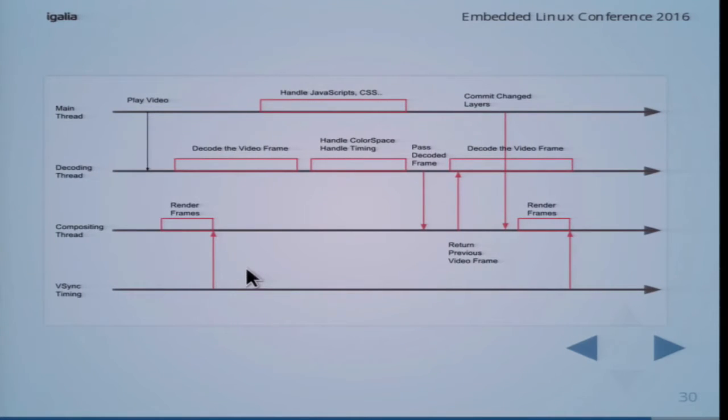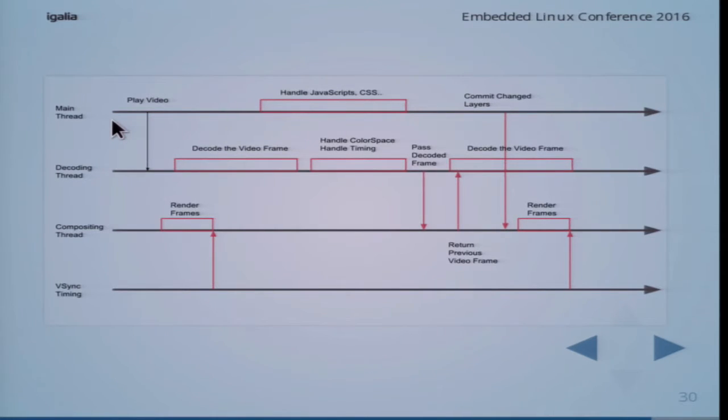This is just a diagram to show you what happens in multiple thread situations. In the previous scenario, the main thread will parse the video tag and make an HTML5 video element with the proper attributes.